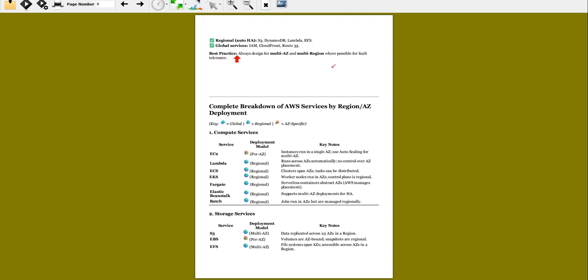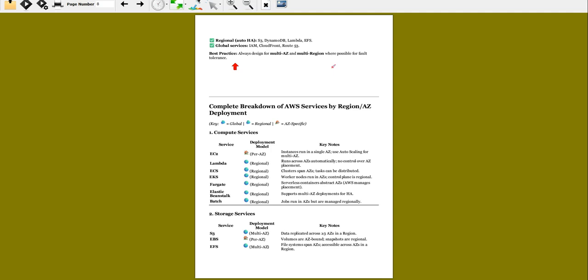The best practice is to always design for multi-availability zone and multi-region where possible for fault tolerance, right? But you need to consider a lot of things when answering a question. They might ask if it's cost effective.